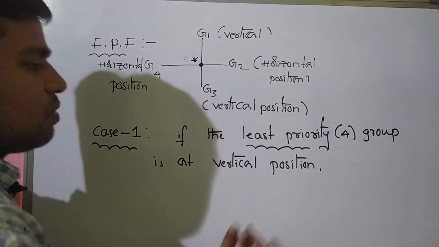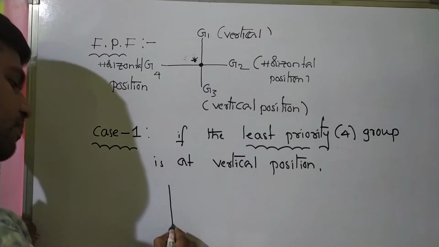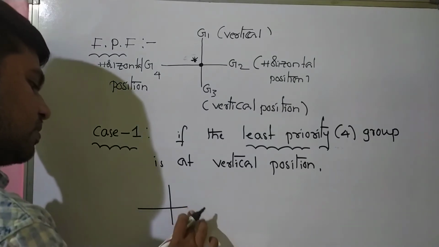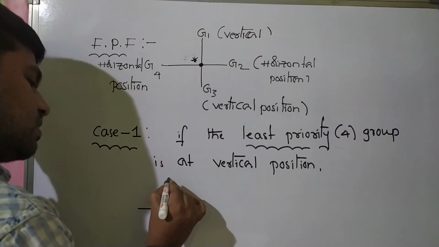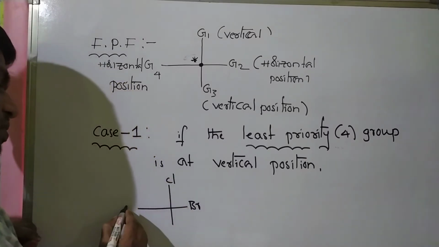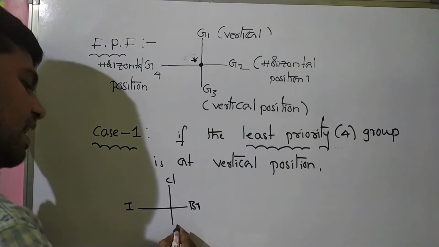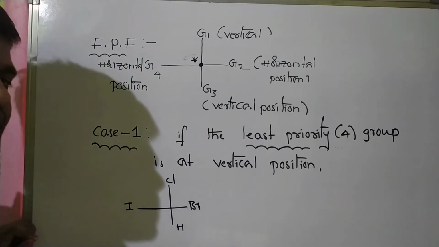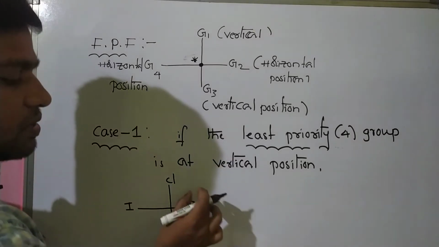Okay, students, listen. So this is a bromine atom. This is a chlorine atom. This is an iodine atom. This is a hydrogen atom. So what is the first rule in the CIP scheme?